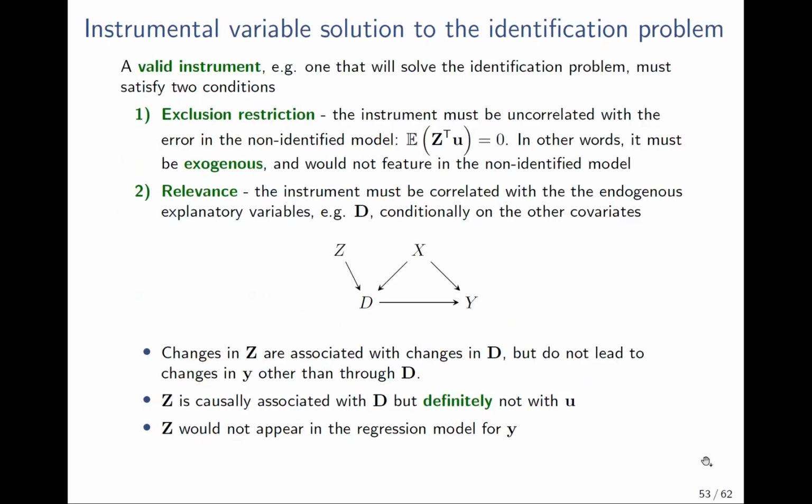So what is an instrument? Well, an instrument is a special type of covariate, one that's going to help us solve the identification problem that has two, or must have two, unique properties. First of all, it must be what's called exogenous, or it must satisfy the exclusion restriction. So the instrument must be uncorrelated with the error in the non-identified model.